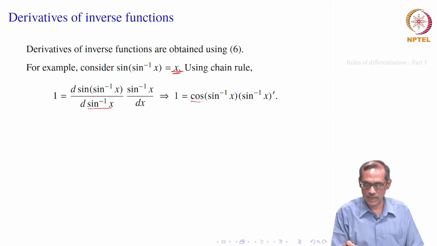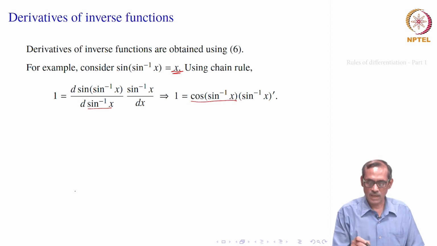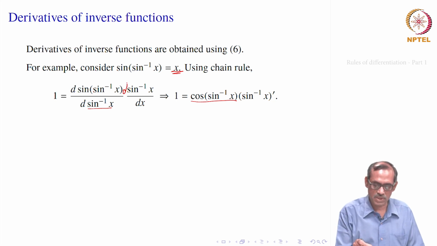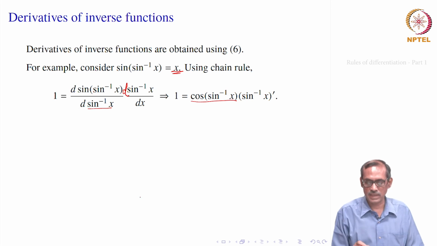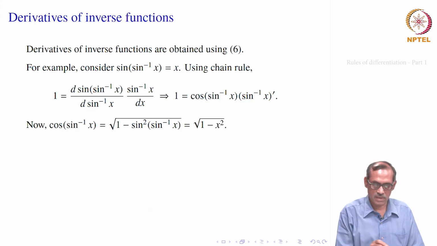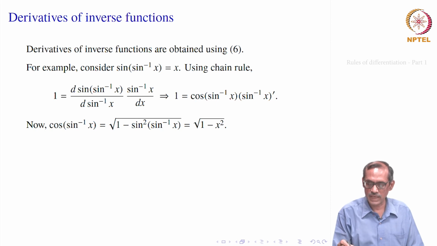So, that gives cosine of sin inverse x, and of course we want to find out sin inverse x's derivative, d of sin inverse x by dx. So, that is your sin inverse x prime. Now, this gives sin inverse prime or derivative equal to the reciprocal of cos of sin inverse x.